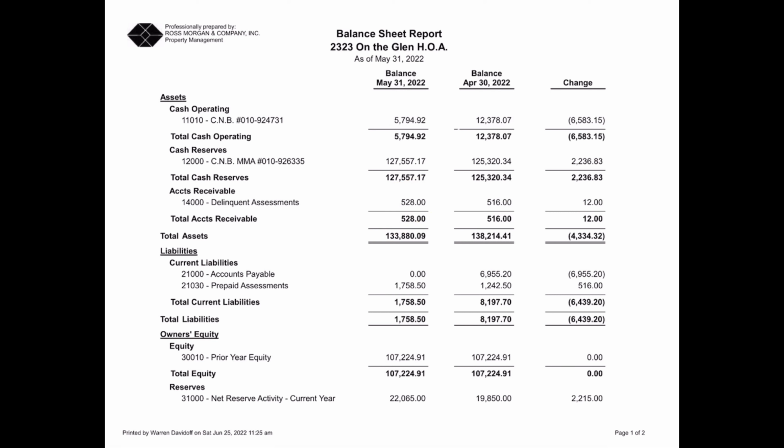Now, key thing to note is your cash operating account and your cash reserve account will have bank statements and bank reconciliation reports included. And your delinquent assessment account has a supplemental report that also details that amount. I like to refer to the balance sheet as an index. An index meaning many of these numbers are supported by supplemental schedules within the financial package.